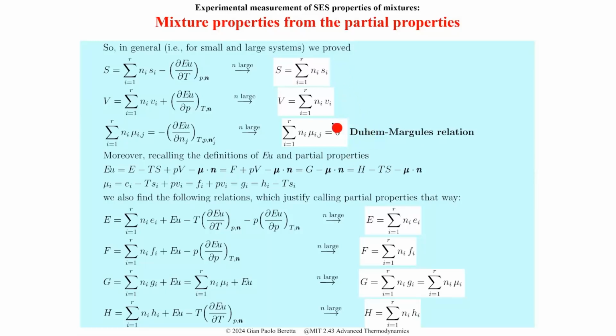But now what I want to go back to is this result that we haven't used yet. It's the Duhem-Margules relation that we obtained when we did this for the simple system. It was one of the various, say, byproducts of this derivation.